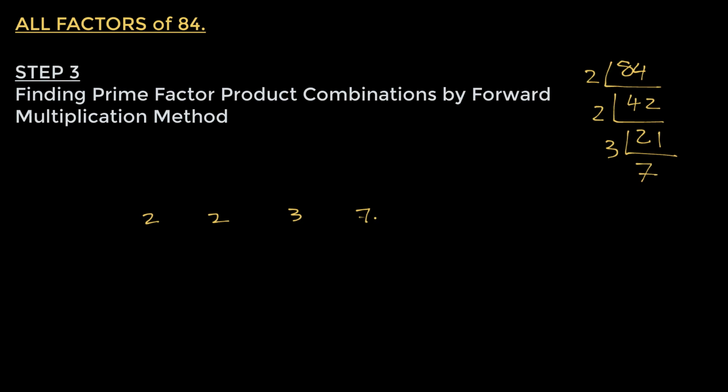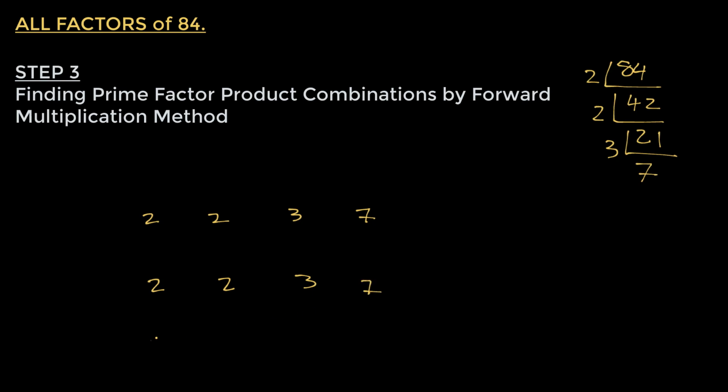We need to write this 2, 2, 3, 7 4 times, in 4 rows. You have to make a table of 4 columns and 4 rows. So let us complete this table. 2, 2, 3, 7.